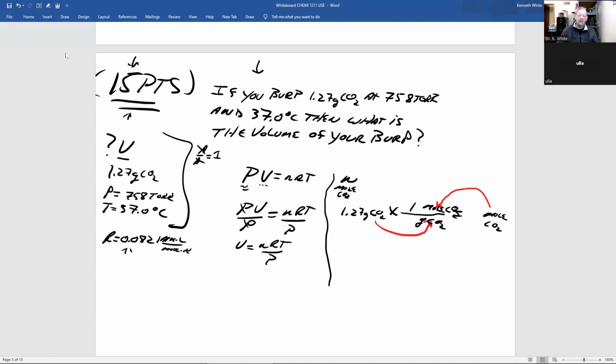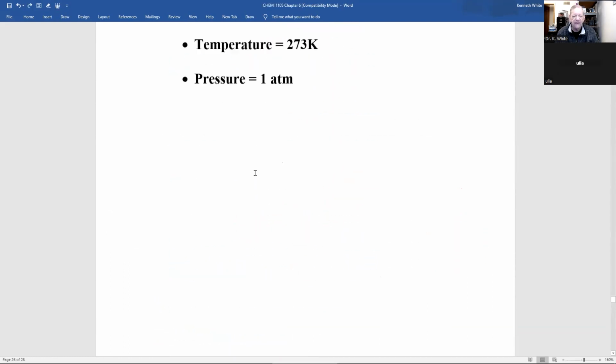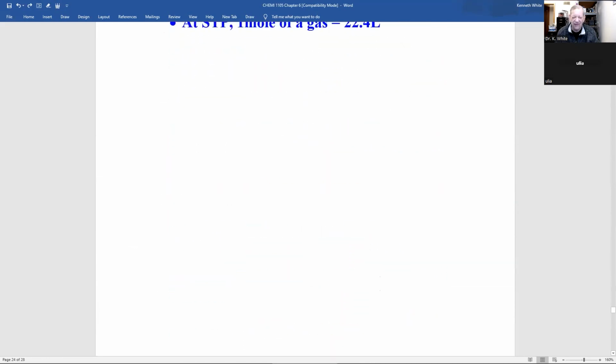And where do I get this relationship between moles of a compound and grams of a compound? Well, in case you forgot, oops, wrong thing. Sorry about that.